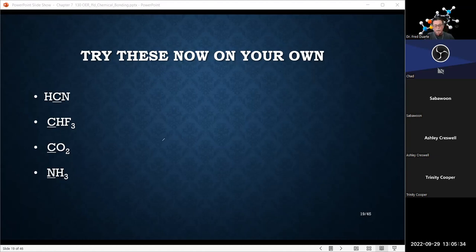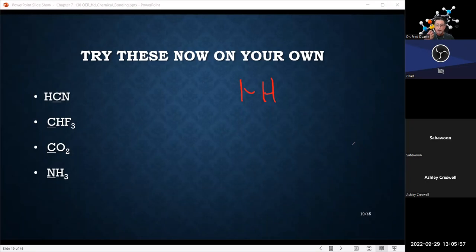But what we do is first identify how many of each atom we have in the compound, and we've got one hydrogen, okay? And then identify the total number of valence electrons for that particular atom. So if you have 10 hydrogens, then obviously you're going to have 10 valence electrons coming from that atom. So we only got one, and the number of valence electrons, which I denote here as VE, valence electrons.